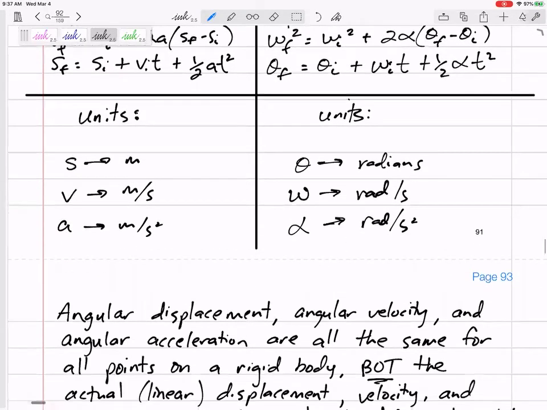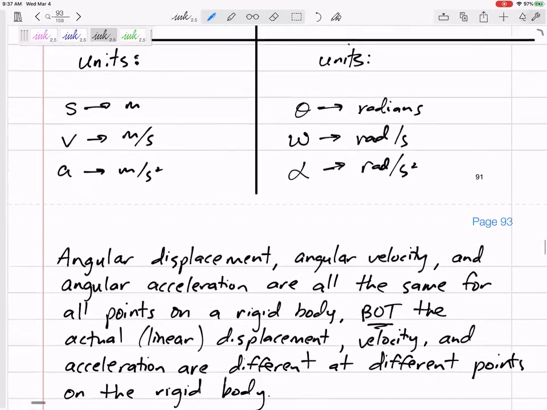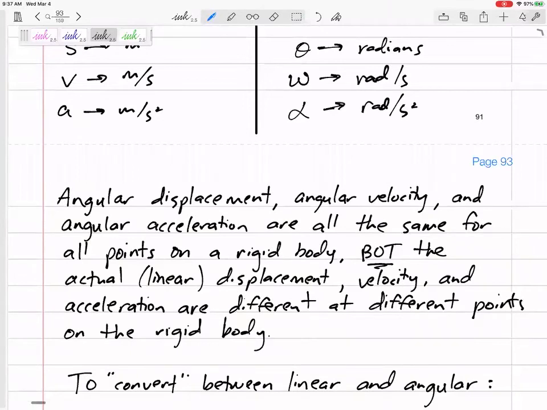Okay, so one rigid body only has one angular displacement. A rigid body only has one angular velocity. If it has an angular velocity of 5 radians per second, that 5 radians per second is for the whole rigid body. If it has an angular acceleration of 2 radians per second squared, then that is the angular acceleration for every point. You can imagine a spinning carousel or merry-go-round only has one angular velocity.